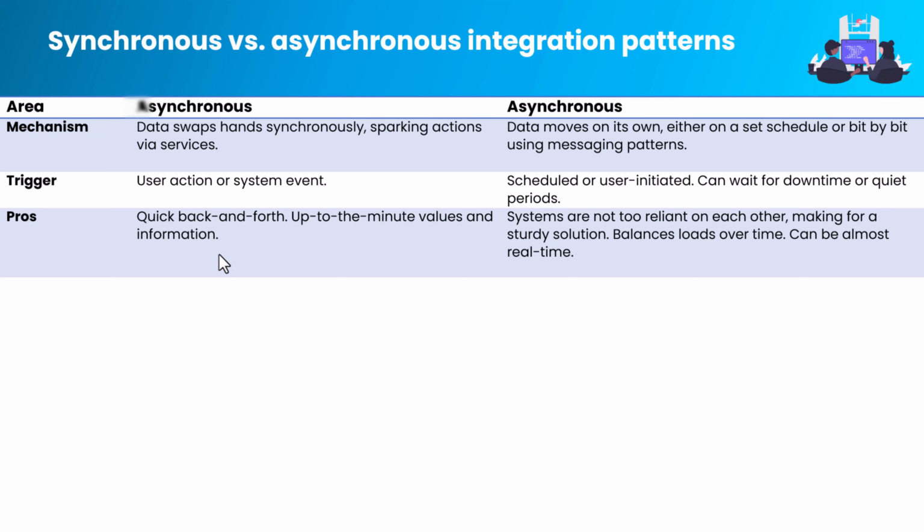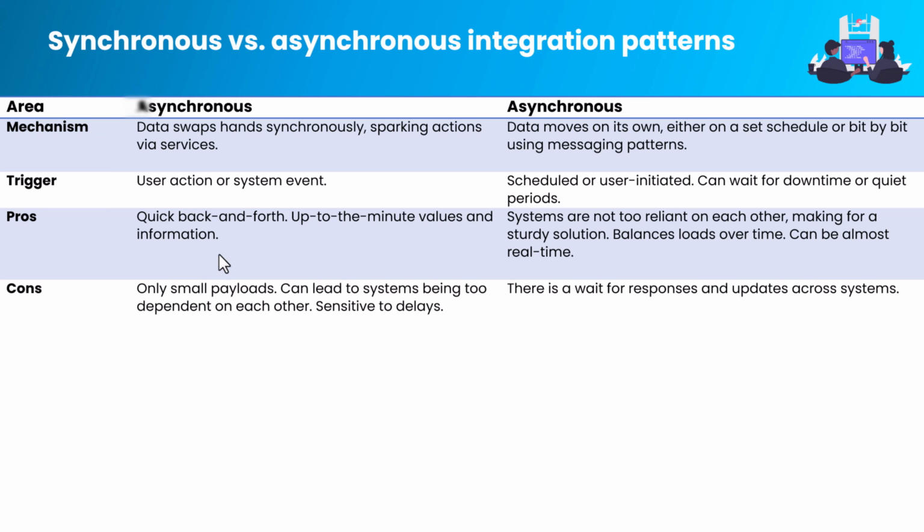Now we'll discuss the third point, the cons. In this case, only small payloads are suitable, and systems can become too dependent on each other and sensitive to delays. It means a synchronous system may struggle with large data transfers and its performance can degrade if there are delays.